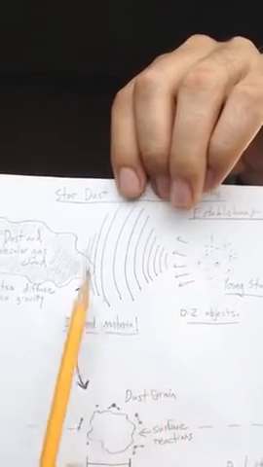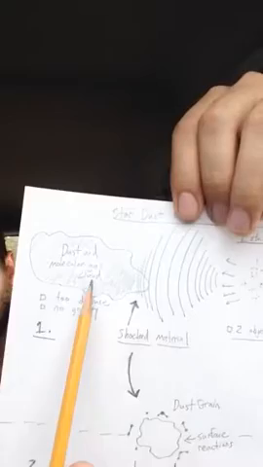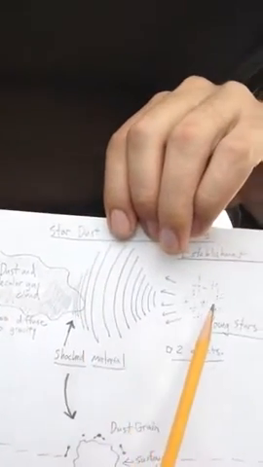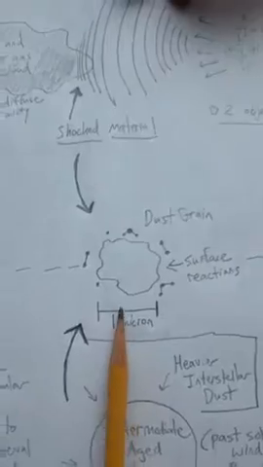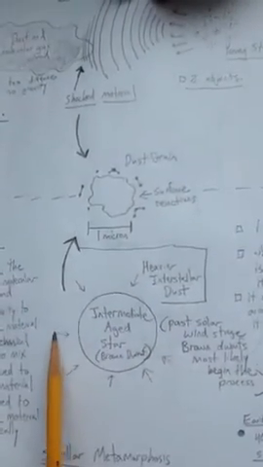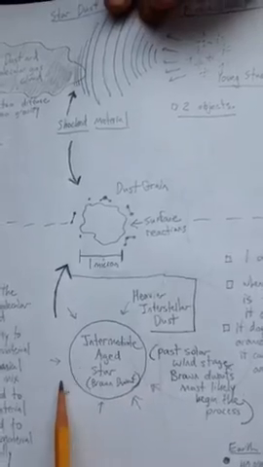Now, the solution to this is to realize that intermediate age stars are the dust clouds, and they're older, obviously, than the young stars. The way to fix that is to take the dust grain, which is about 1 micron in diameter, and place it interacting and landing inside of that intermediate age star, probably a brown dwarf.